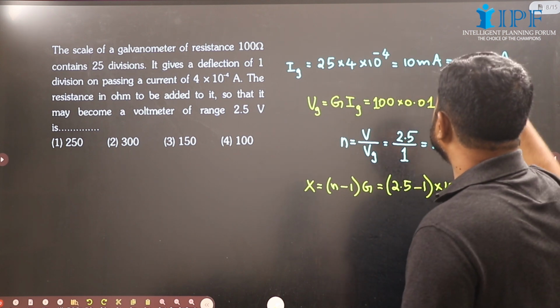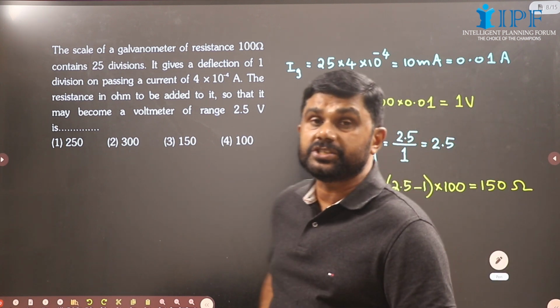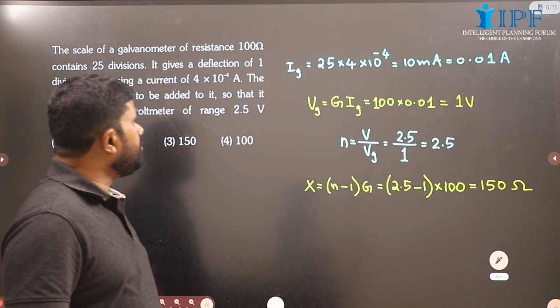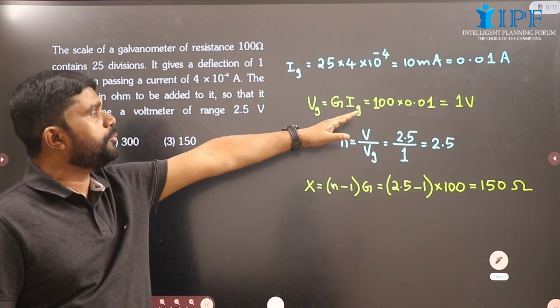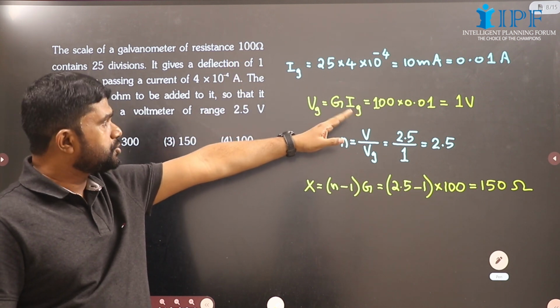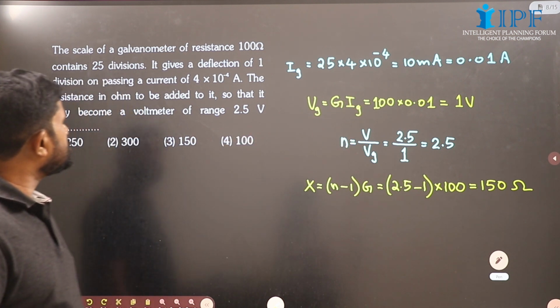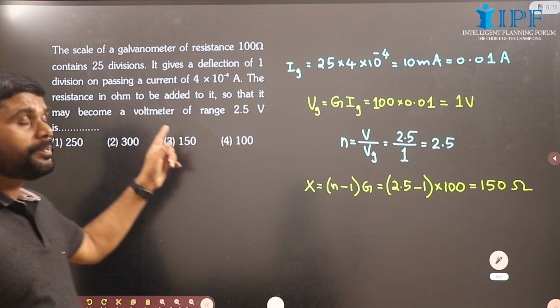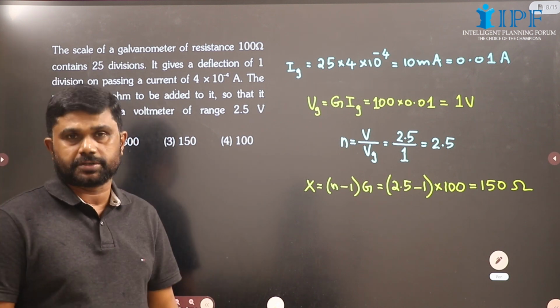Okay, that is the full scale deflection current. And full scale deflection voltage will be G into Ig. The galvanometer resistance is given as 100 ohm and Ig we have 0.01 ampere. So the full scale deflection voltage is 1 volt. Now it is to be converted into a voltmeter capable of measuring a maximum voltage of 2.5 volt.